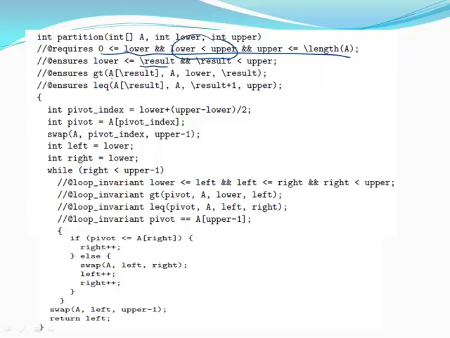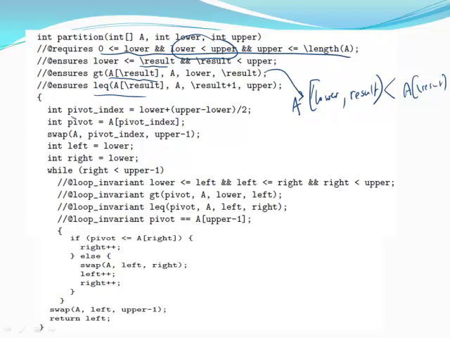And we also make sure that for the location that we get as the result, if you take the array segment from lower to result, not included, that segment is less than a of result. So that's one of the invariants. The other side is greater than or equal, that's the right hand side of things.